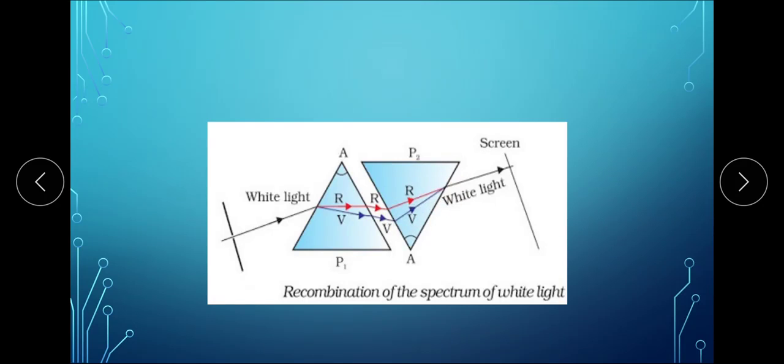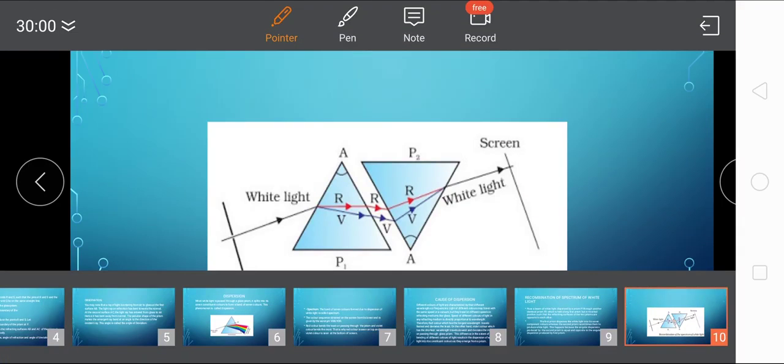Again refraction will occur, but now in the opposite direction. So finally they will recombine and you will see white color on the screen. So this is how we can recombine the spectrum of white light. This was first performed by Isaac Newton. I hope you have understood the topic.